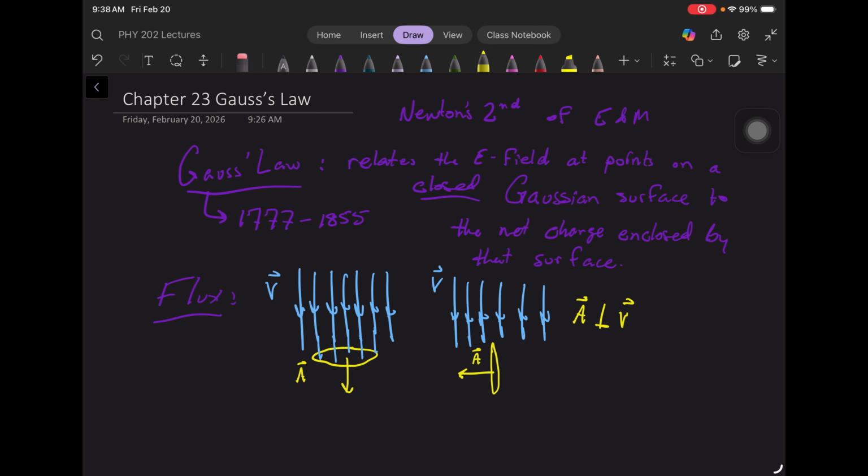We find that the flux goes to zero. Here's the symbol for flux, a capital phi, I believe.